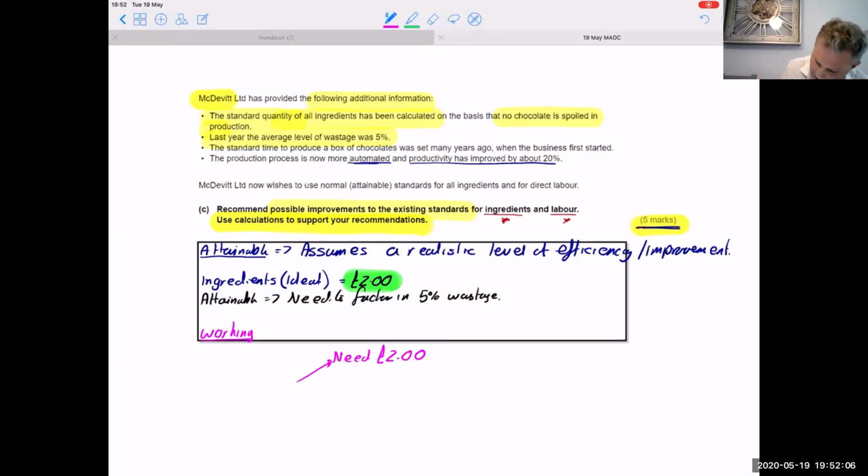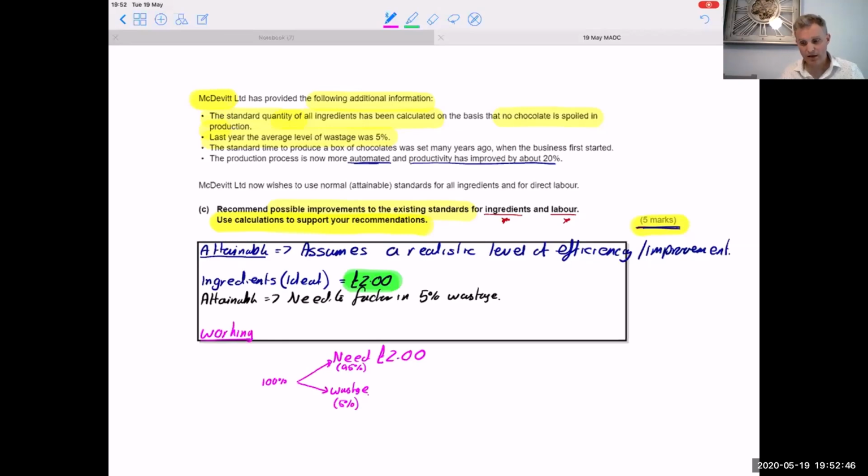But now I need to build in an average level of wastage of 5%. So 5% of all the ingredients I put in are going to be spilt, and the remaining 95% are going to be sent off to manufacture. Let's call what I put in 100%: 95% are used to make my product, and 5% are dropped on the floor and wasted.